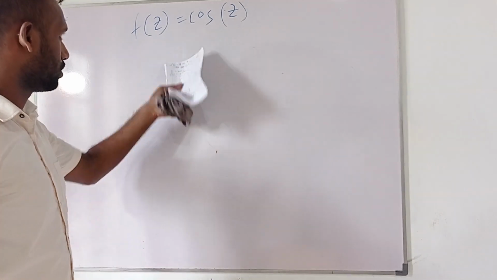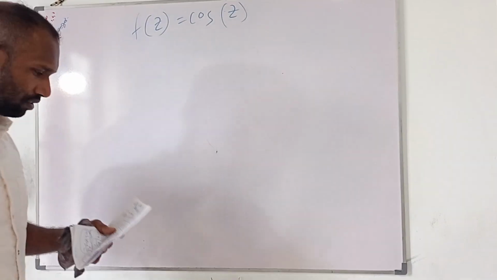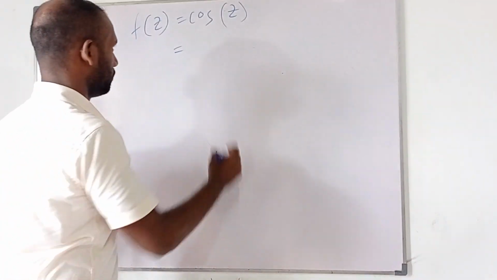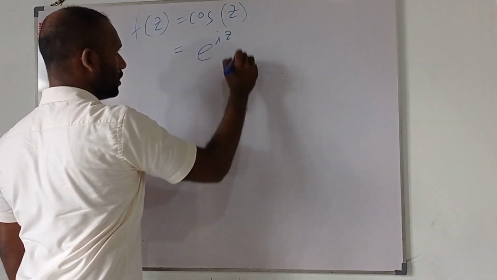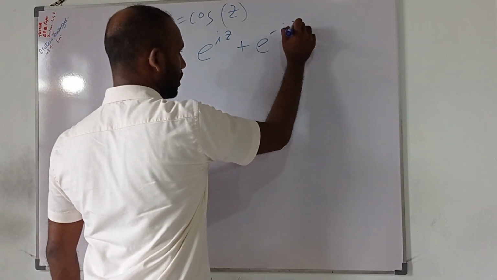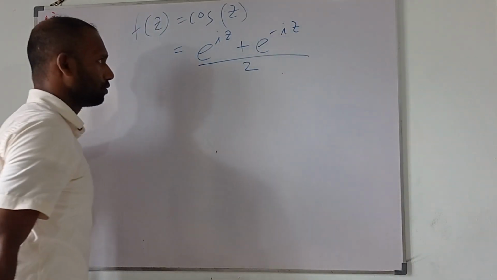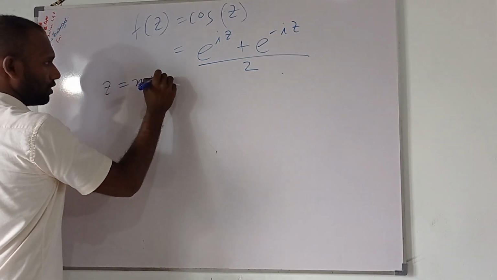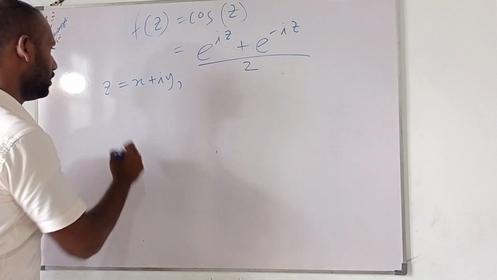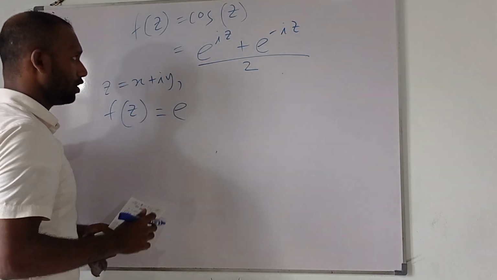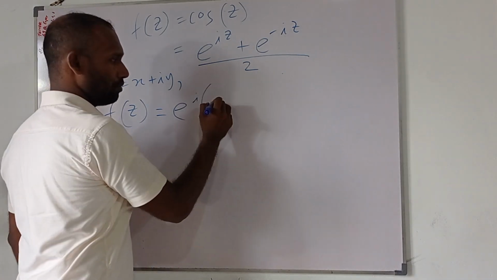So can you do this? cos z equals e to the power iz plus e to the power minus iz over 2. So let z equals x plus iy.